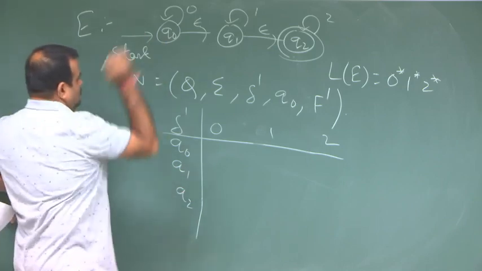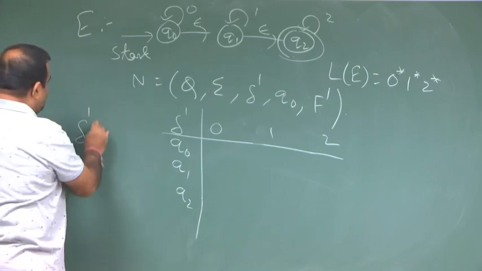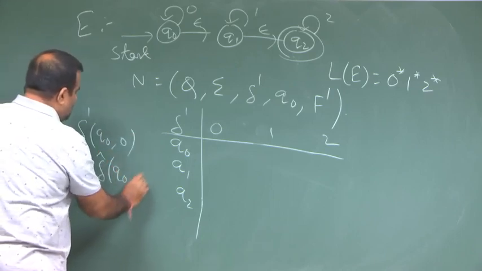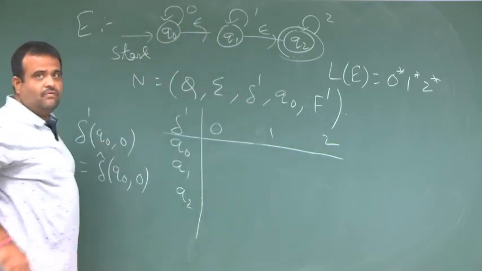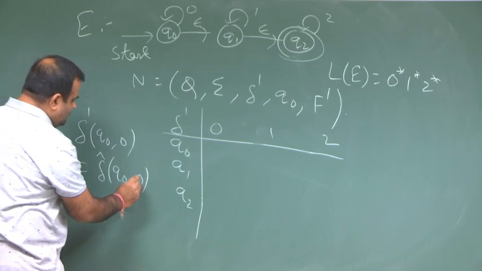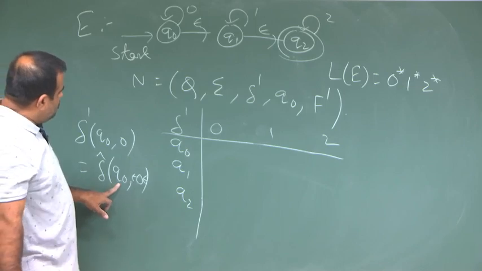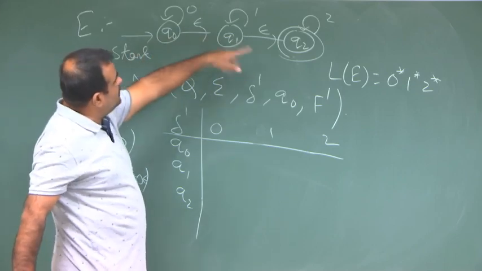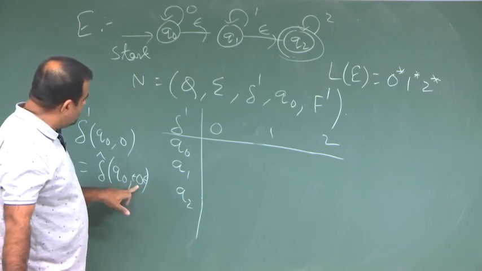Now, suppose we are at Q0. Now, with 0, so delta prime of Q0, 0 is what we want to find. This is nothing but delta hat of Q0, 0, the delta hat for the epsilon NFA delta. So, for delta hat of Q0, 0, what do we do? We treat this as an epsilon and this also as an epsilon. From Q0 we see where we can go with the epsilon move. We can go to Q1, we can go to Q2, and then from each of those we check whether we can take a 0 move.